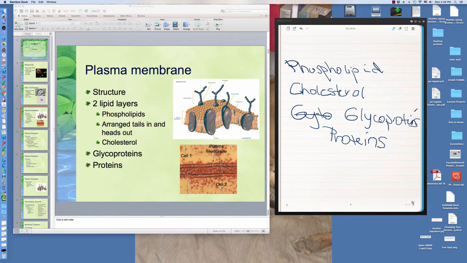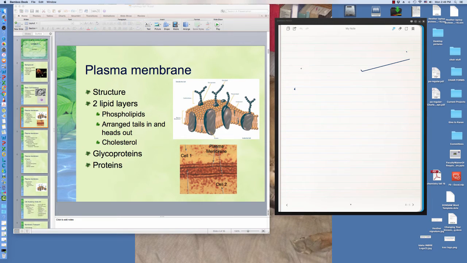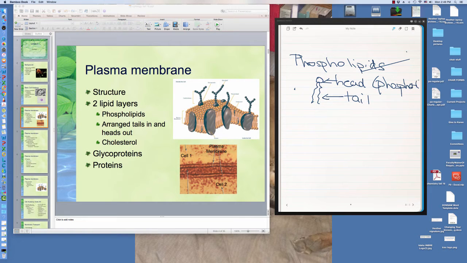So a little bit more about the phospholipids. So phospholipids are what it sounds like. It is a lipid that has a phosphate attached. And they're often drawn like this, where this is referred to as the head, and this is referred to as the tail, and the head is the phosphate, and the tail is the lipid part.